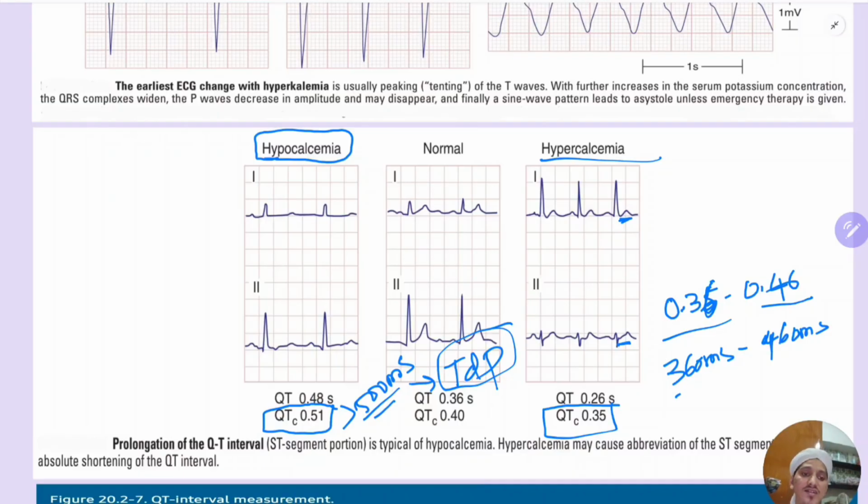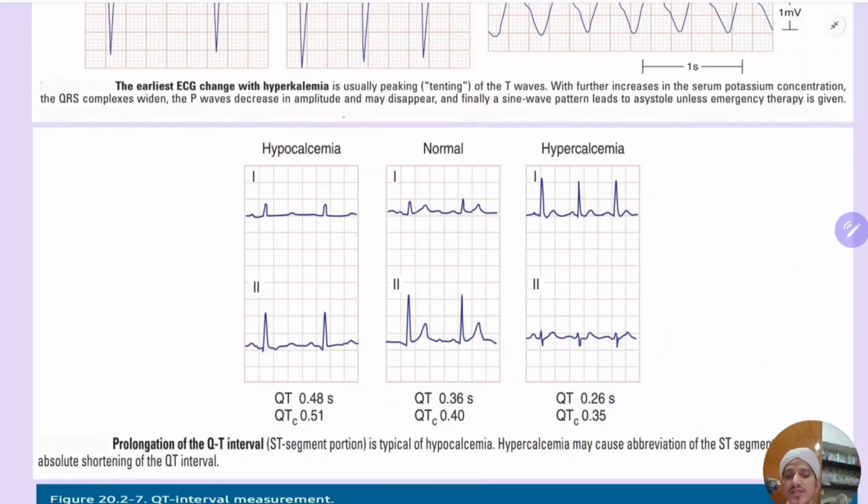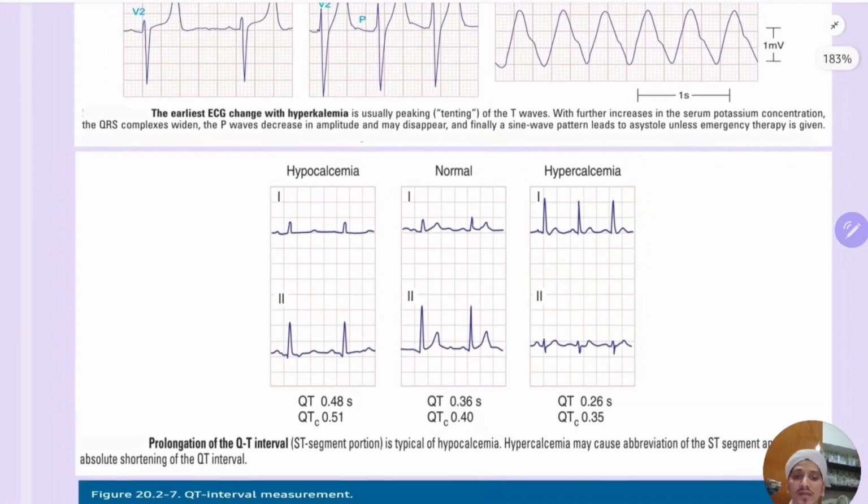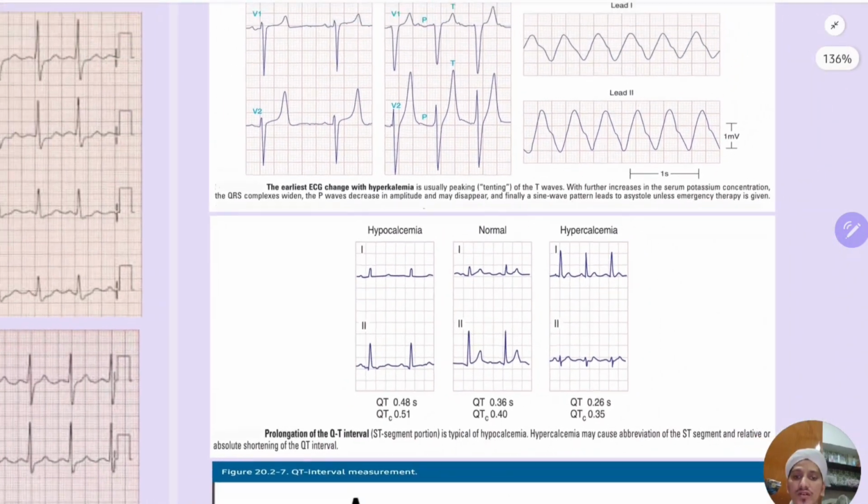If it is less than 360, that is a shortened QT interval, and if it is more than 460, or some books say more than 480, it is a prolonged QT interval. And this is an ECG of a normal QT interval. That's about hypercalcemia and hypocalcemia.